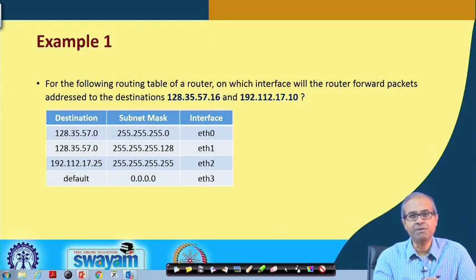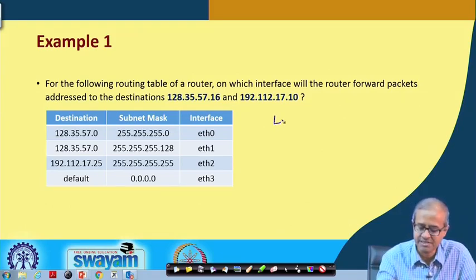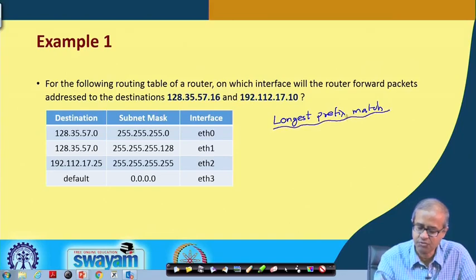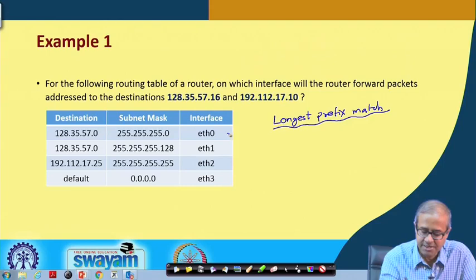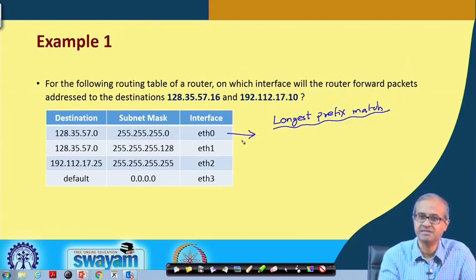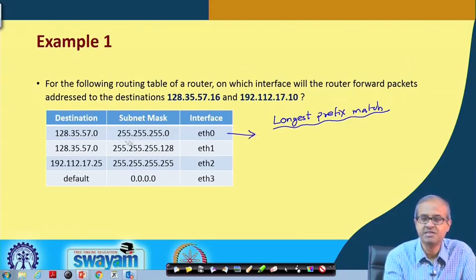Now, when there are multiple matches in the routing table, the rule that is followed is something called longest prefix match. Longest prefix match. This is what you look for. You see, in the first row there was a match, but how many bits were checked for the network address?